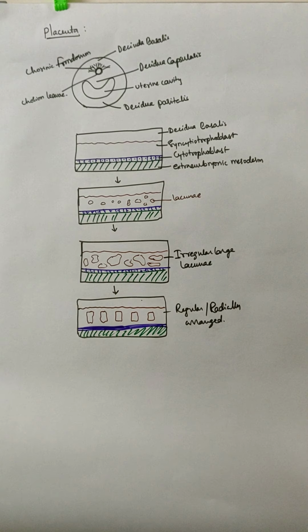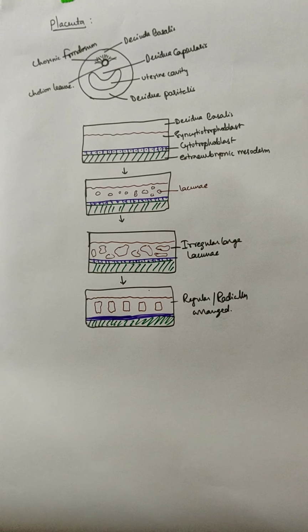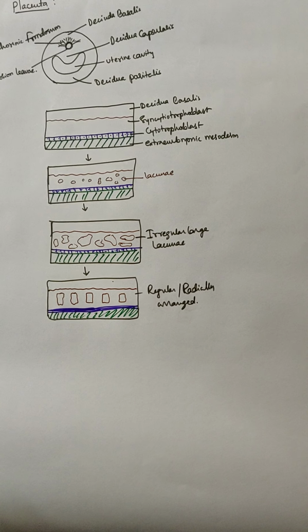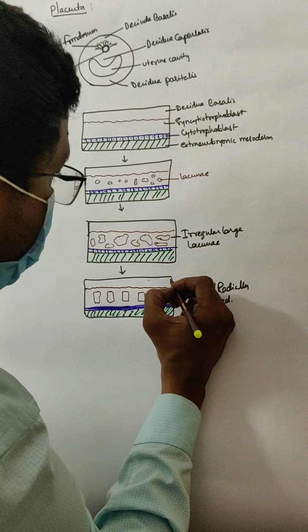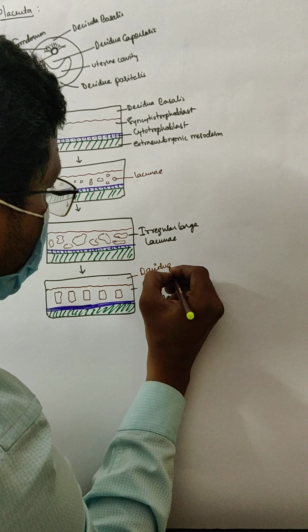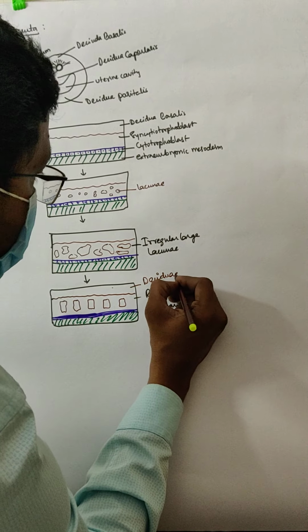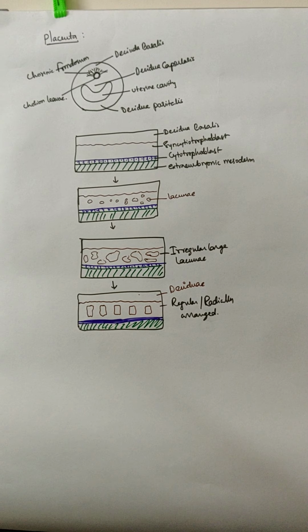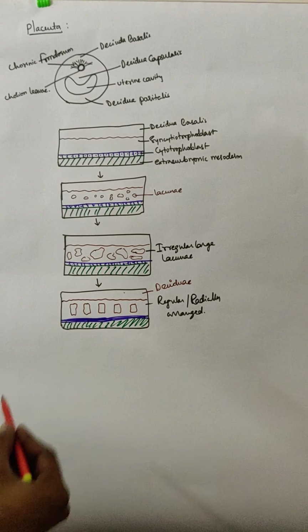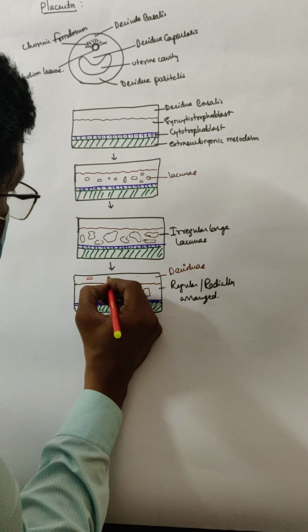From here the actual development of placenta starts. This is the decidua, which is the maternal part, that is the part of the uterine wall. This decidua will also have a few blood vessels.